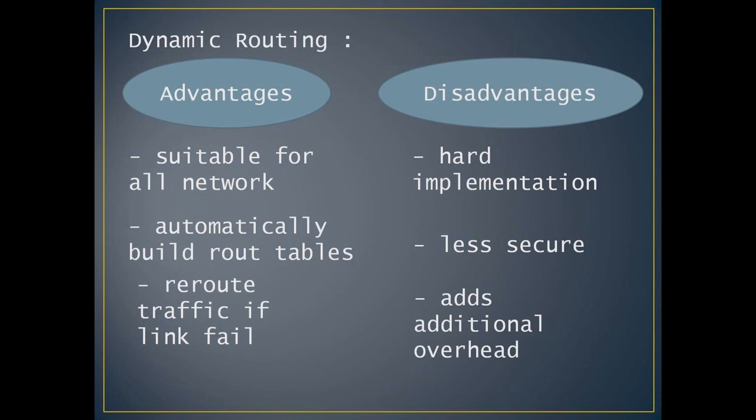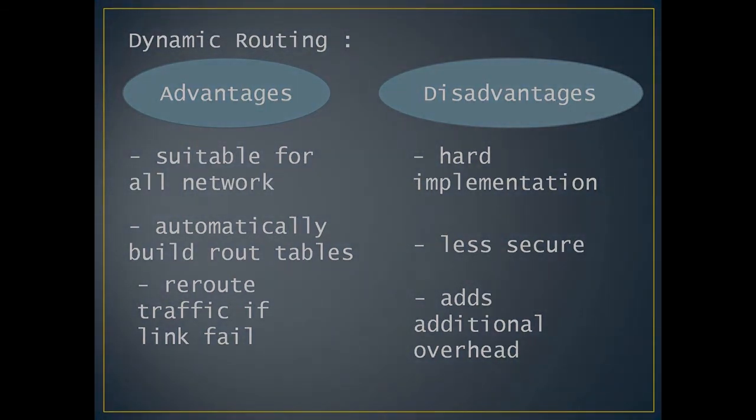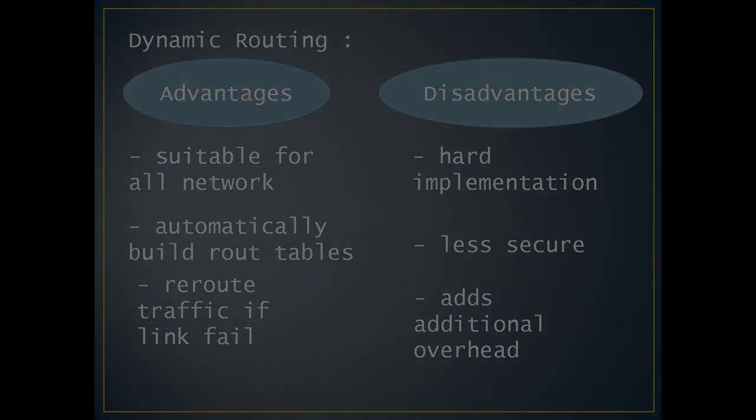Static has its pros, and dynamic has pros at an appropriate time or an appropriate place. So therefore, dynamic and static routing are both very important.